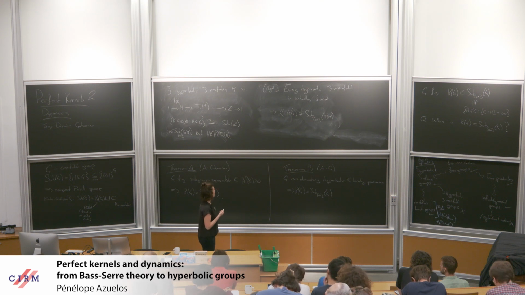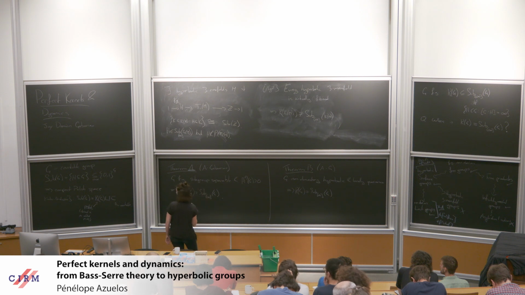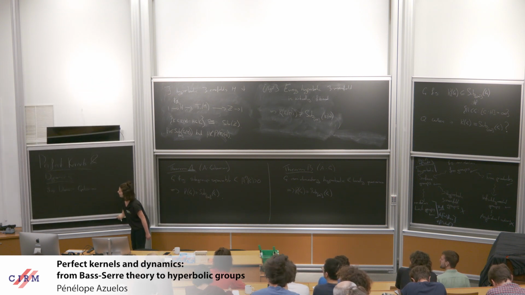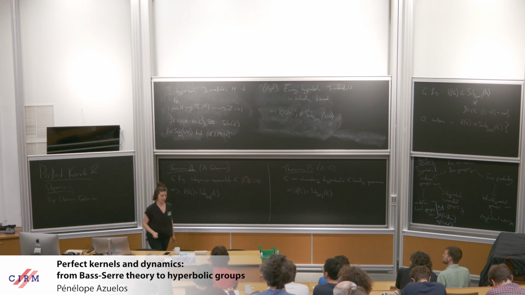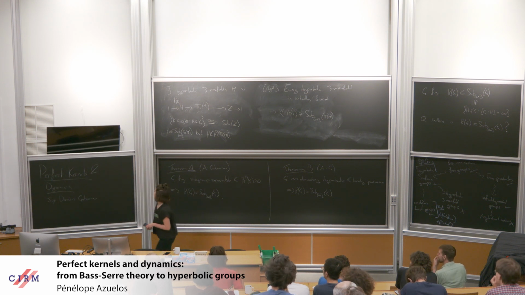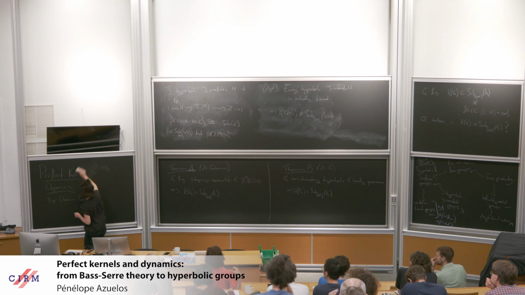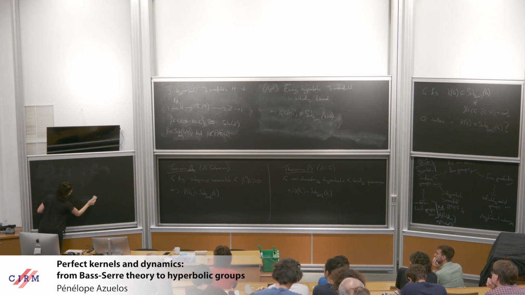And one more thing that I wanted to point out that I think I forgot to say is, I did promise some dynamics. And that's because there is a natural action on the subgroup space of a group by conjugation.